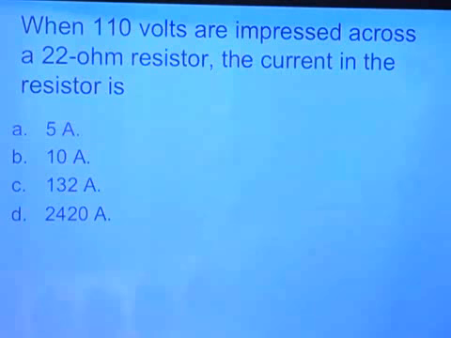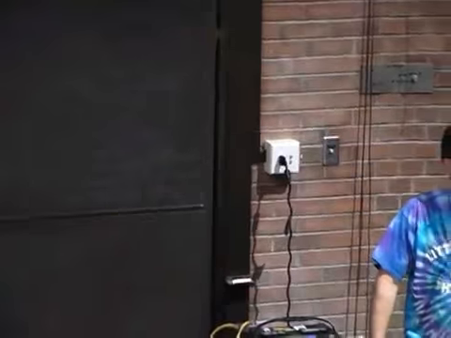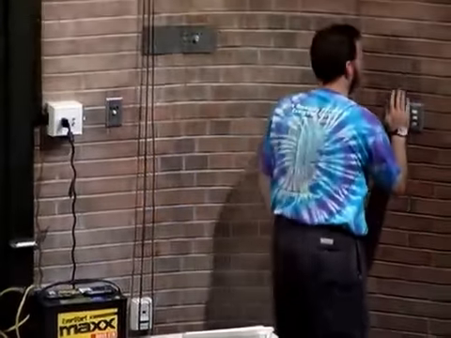And you solve that, you get 5 volts per ohm as current. And current is measured in amps, amperes. French guy. Any questions? All right, you can put your clickers away then.